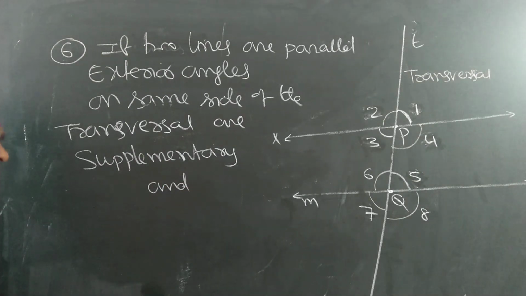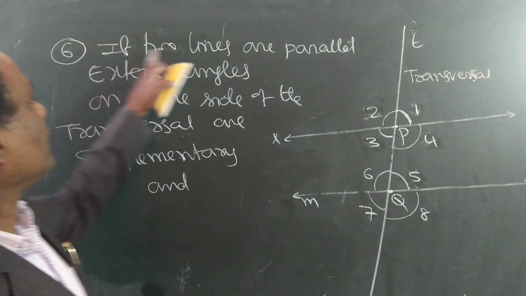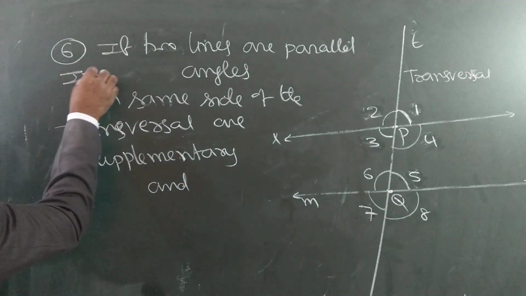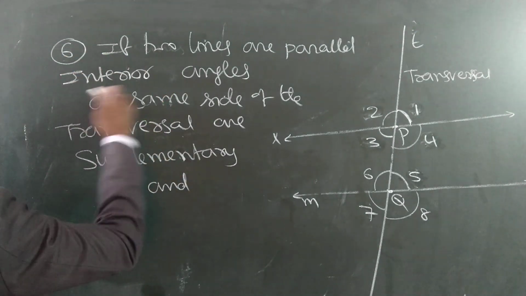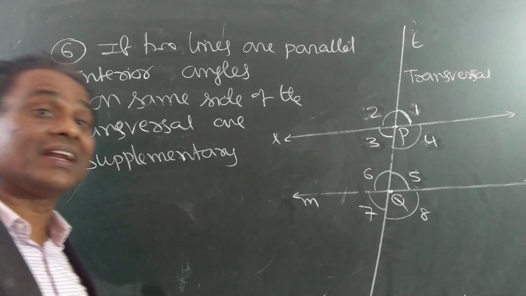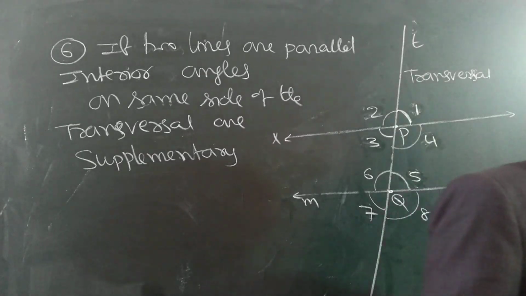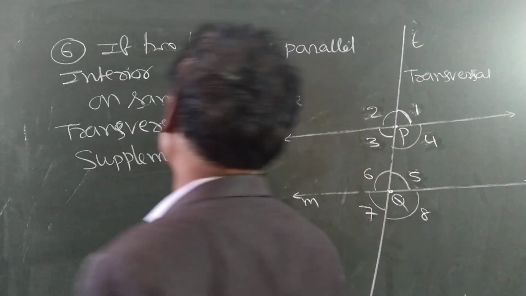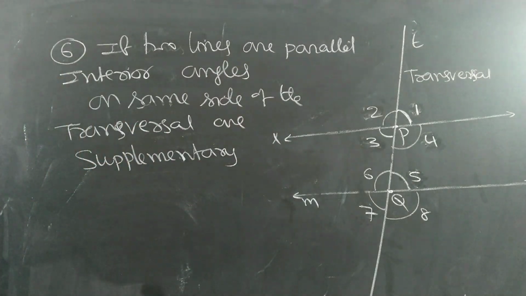And another statement: if two lines are parallel, then interior angles on the same side of the transversal are supplementary. Write down this statement also, then I will explain the concept.